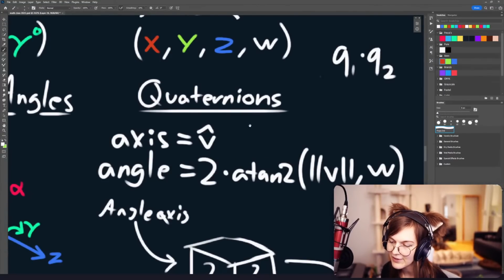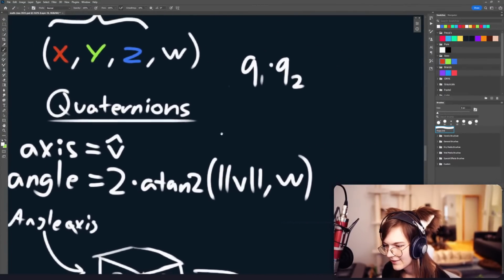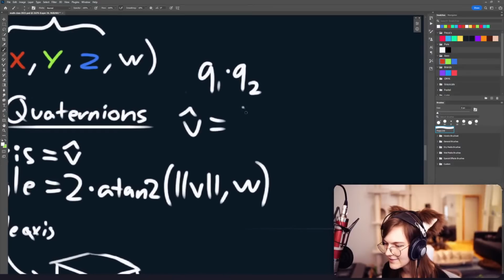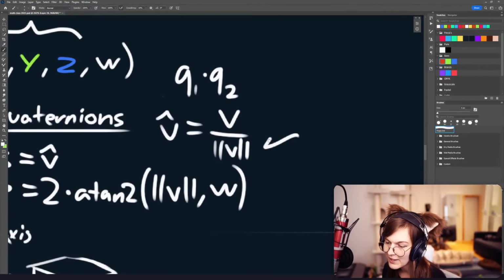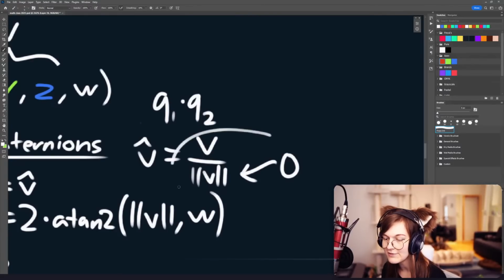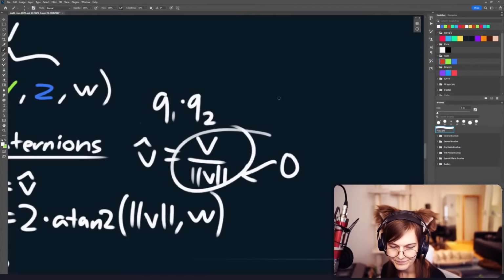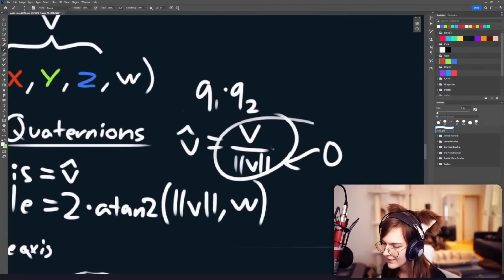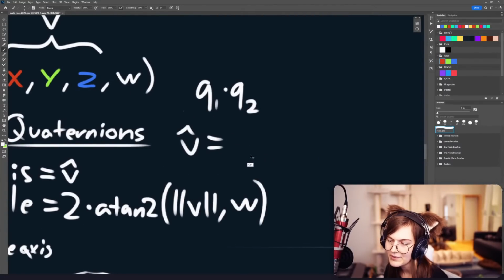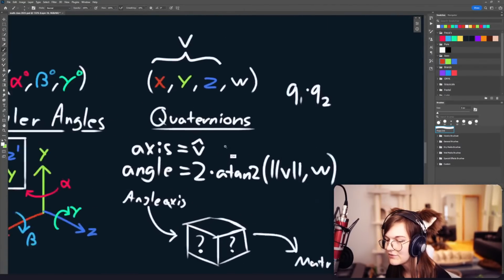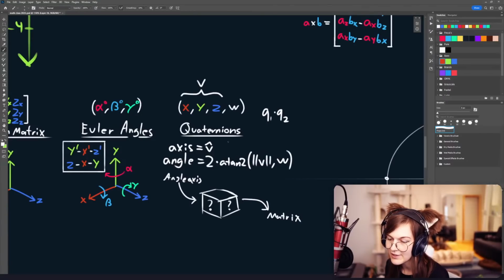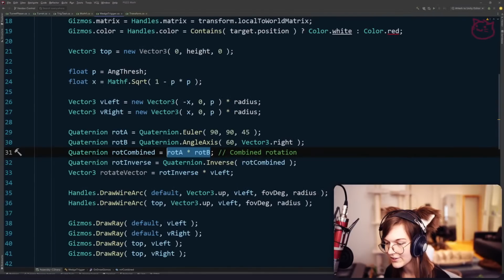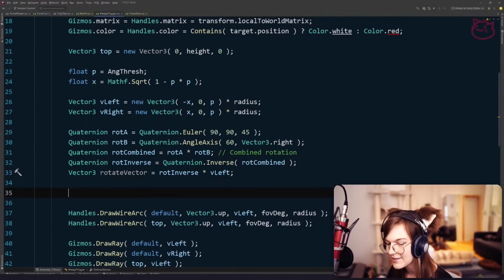Because it's effectively dividing by 0. Remember, normalizing a vector is the same thing as dividing by the magnitude. So if the magnitude is 0, then it's a division by 0. Basically, if you have rotations that are very close to 0, you might run into division by 0 issues. But if you use Unity's built-in functions, I imagine they already take care of that case.